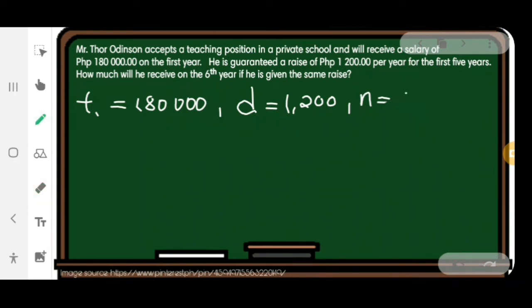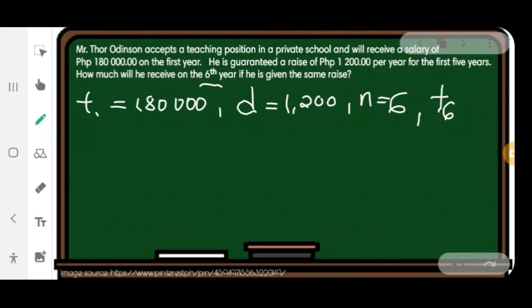Sorry, it is equal to 6 because we are looking for the salary that he will receive in the 6th year, and then we are looking for t sub 6. T sub 6 because we are not asked for the total salary that he will receive during the first 6 years, but we are asked for the salary that he will receive in the 6th year.